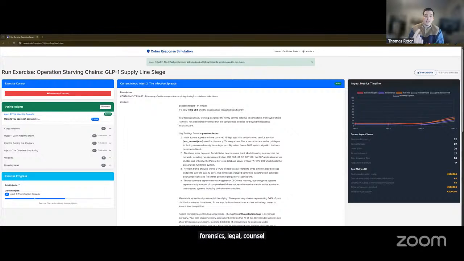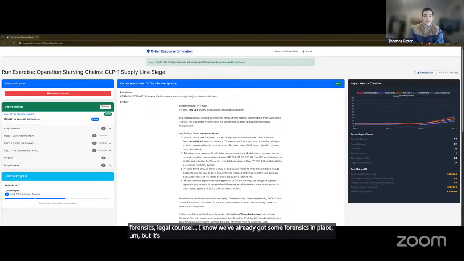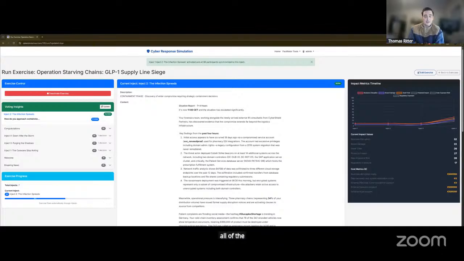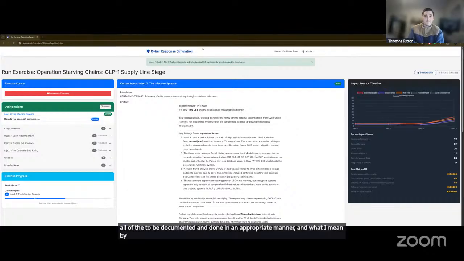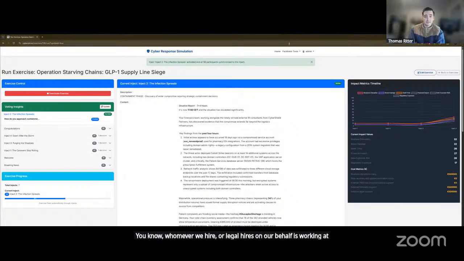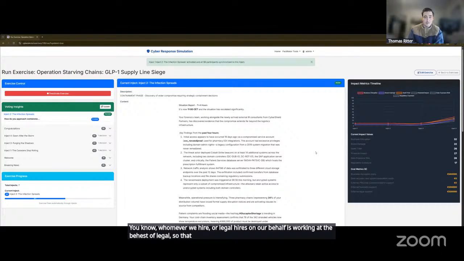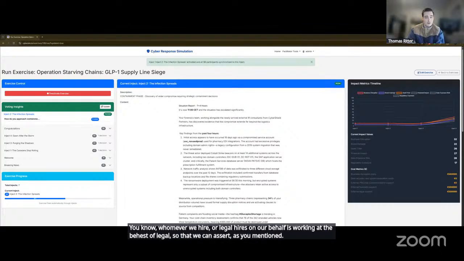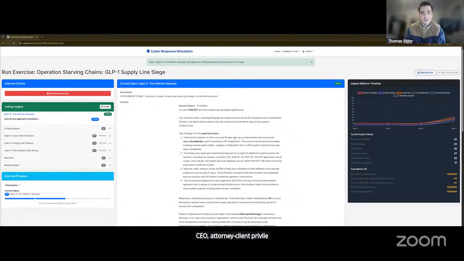I know we've already got some forensics in place, but it's important that all of this be documented and done in an appropriate manner. What I mean by that is that whomever we hire, or legal hires on our behalf, is working at the behest of legal so that we can assert, as you mentioned, CEO, attorney-client privilege over the ensuing forensic findings.